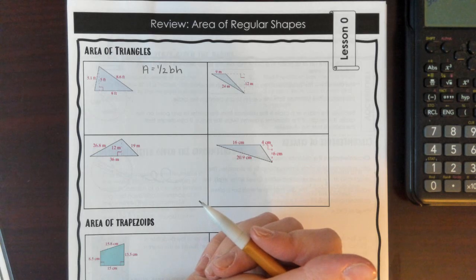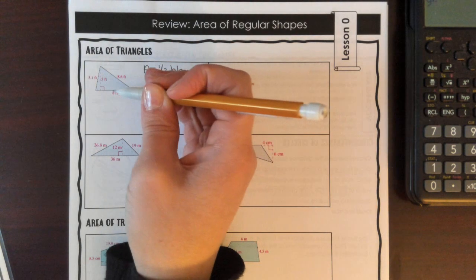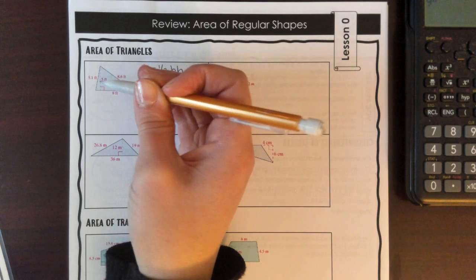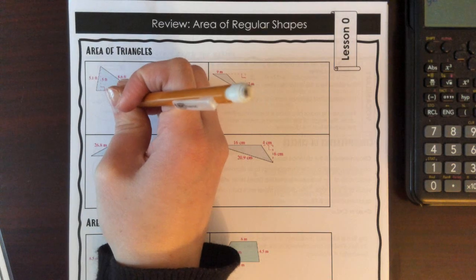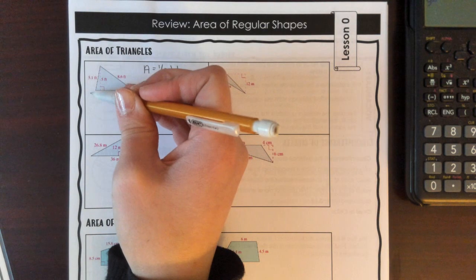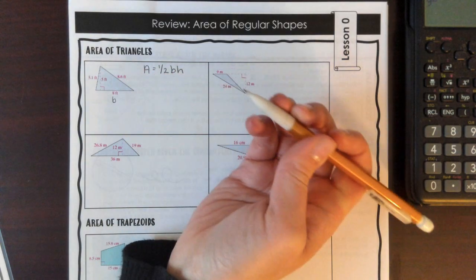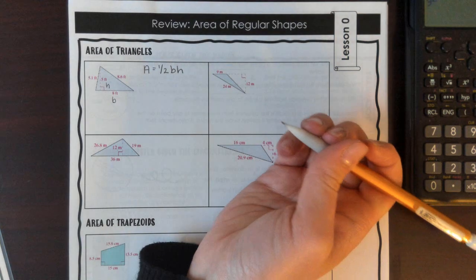So we have to determine what is the base and what is the height. The base and the height are going to connect and make a right angle. So you're going to see that 8 is your base, and it's not 5.1 that makes the right angle, but it is 5. So therefore, 5 is your height.